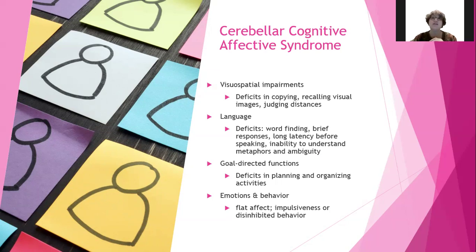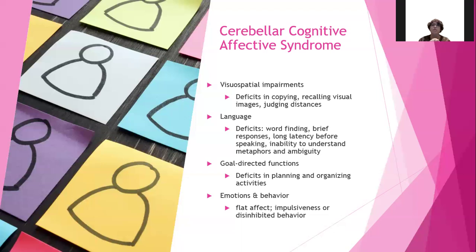In language, you can have deficits of word finding, brief responses, and long latency before speaking, so it just takes a while to process. There is also inability to understand metaphors or ambiguity. So people need specific language goals.